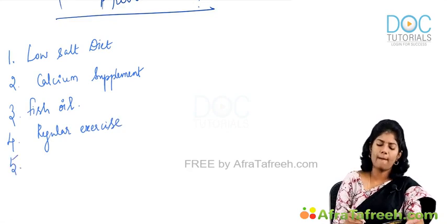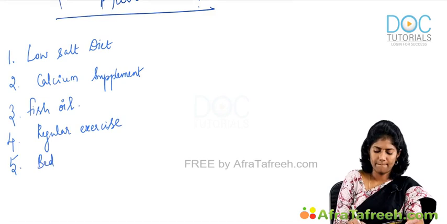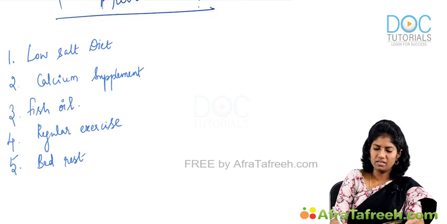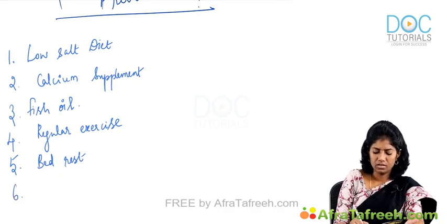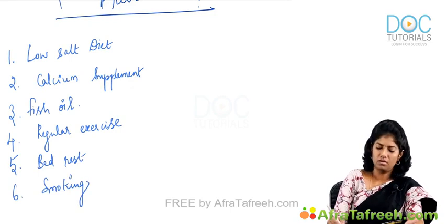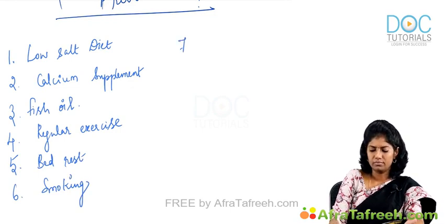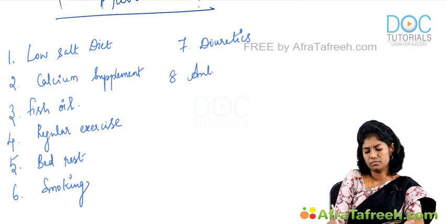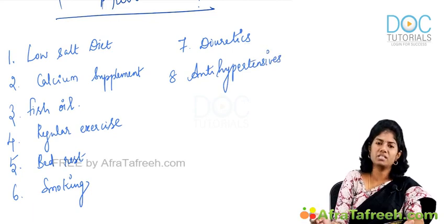Number 5, bed rest. Number 6, smoking. Number 7, diuretics. 8, antihypertensives. Even before the lady develops hypertension, if you treat with antihypertensives, will it work? That is the question here.